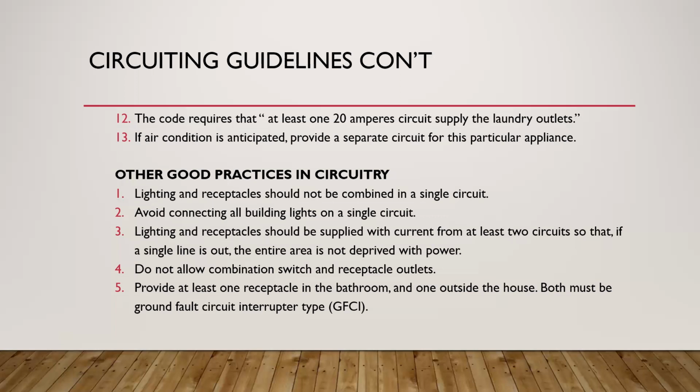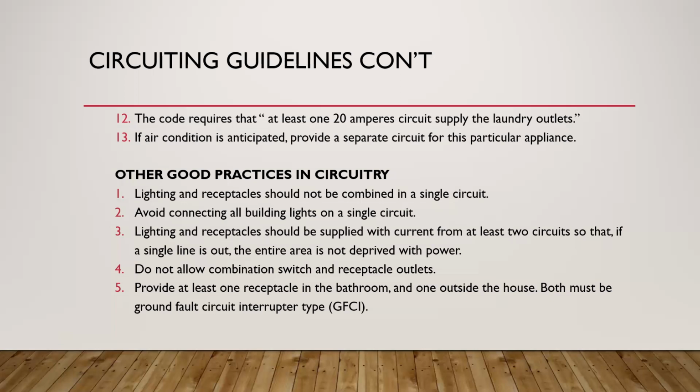So number 2, avoid connecting all building lights in one single circuit. So at least every circuit line may dalawang circuitry. So for lighting, for the lights, 2 circuitry. And for the convenience or our power line natin, 2 circuitry.